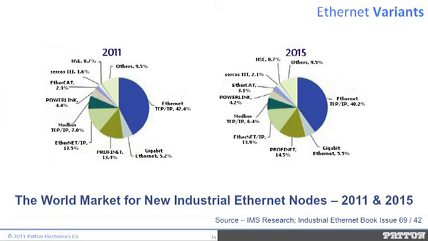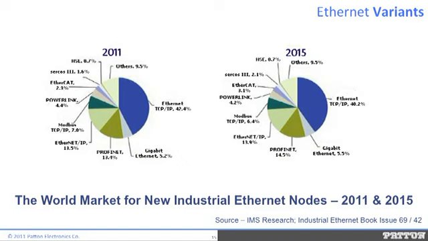Quickly, let's look at projected growth from 2011 to 2015 of the new industrial Ethernet nodes with respect to the use of these Ethernet industrial protocols. Some Ethernet-friendly protocols will increase in percentage of market, such as EtherNet/IP.